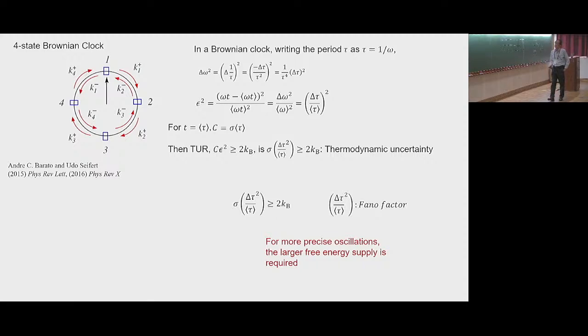So for more precise oscillations, a larger free energy supply is necessary. Then the simple question is how we can apply this inequality to our system. Some people are trying to do that, and they found some discrepancies: much more ATP is consumed in the ATP KaiABC system than required by this limit.